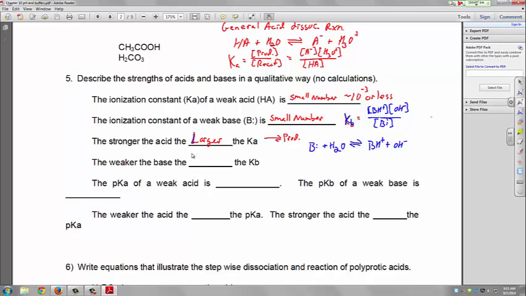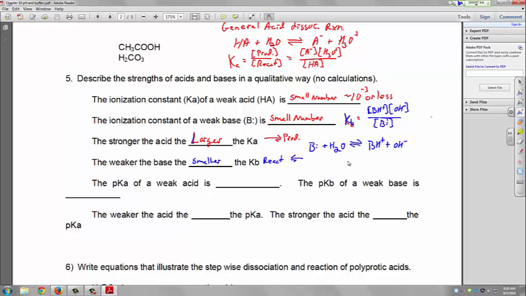Okay. The weaker the base, the smaller the Kb. And we could draw equilibrium arrows. So in this case, it would favor reactants. Like that. So the weaker the base, the smaller the Kb. Here's our base reaction.